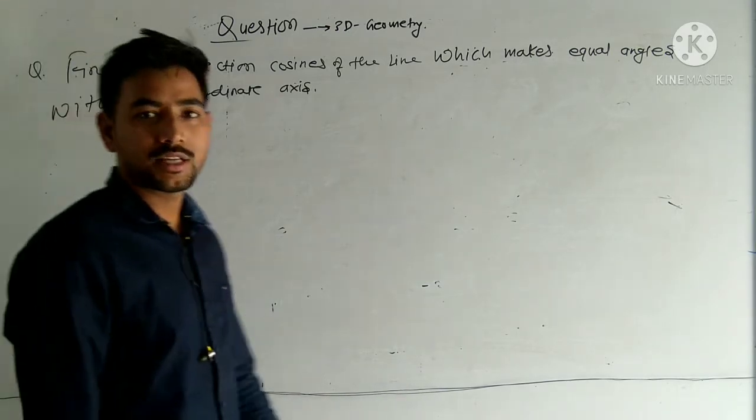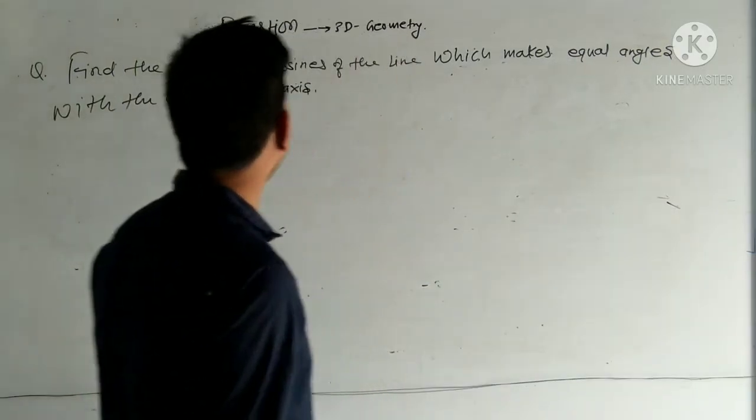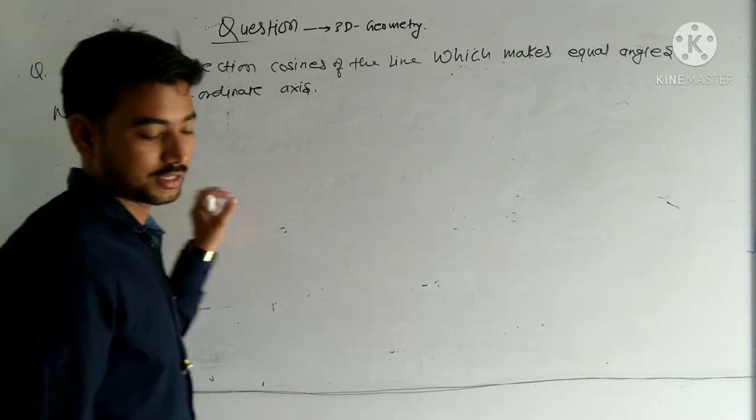Find the direction of the line which makes equal angle with the coordinate axes.